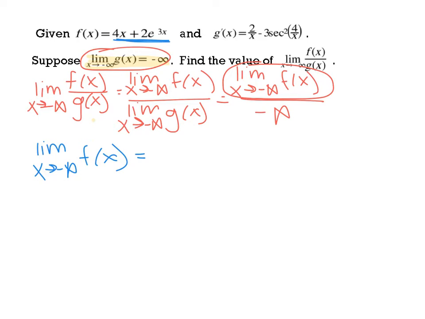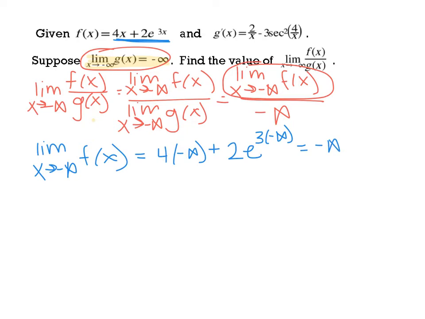If we were to substitute in negative infinity, you would get 4 times negative infinity plus 2 times e to the 3 times negative infinity. This is just arbitrary, we won't get a number out of this, but 4 times negative infinity will get you a really large negative number, so we'll just call that negative infinity.